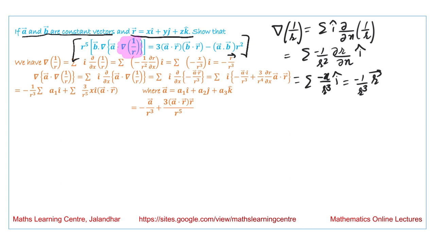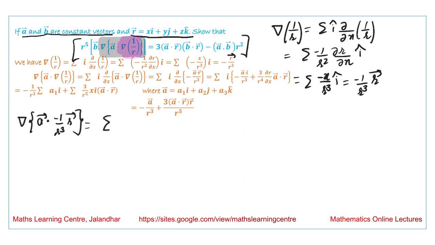Now the next term we have is its dot product with a, and we are taking the gradient of this whole term. So if we take the dot product with a, we are talking about this term: gradient of a vector dot minus 1 by r cube into r vector.